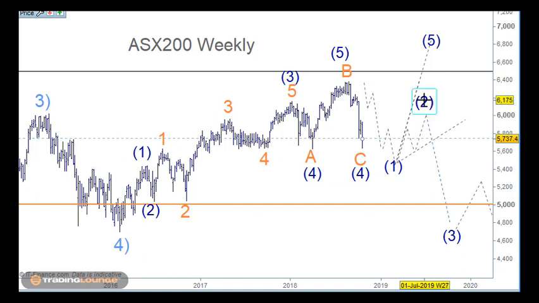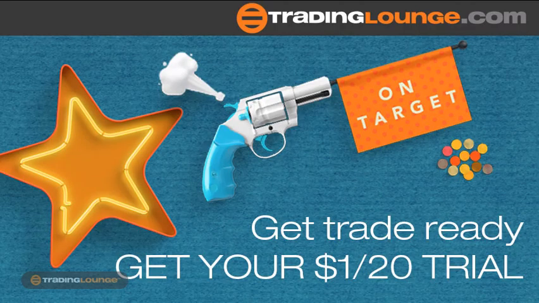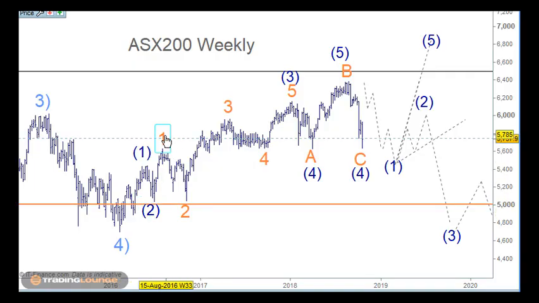Now, wave 2s are normally quite, this is upside down here, but an A and a B and a C here. So they're quite simple and sharp, so it's not really until the 3 waves are completed that we're going to know.